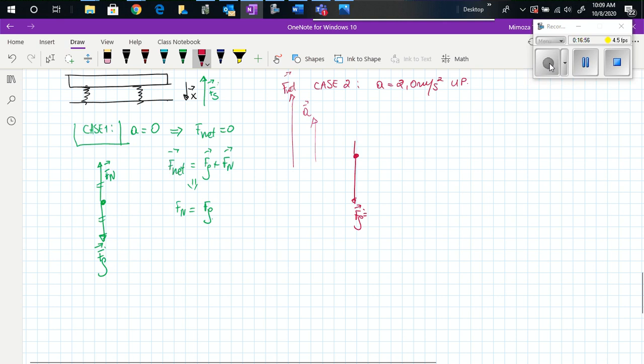So you will have a force normal that is greater than the force of gravity. But force normal is directly connected with the force of the spring on the scale. So this will tell you a higher weight. This is the force of the spring on the scale. So this case will show a higher weight on the scale. Make sense?